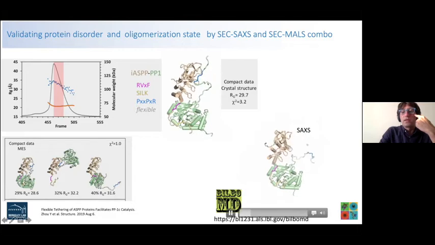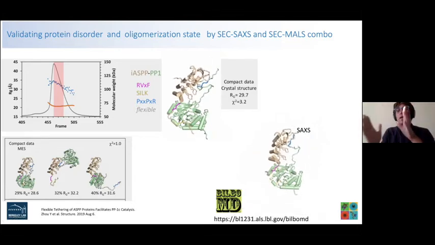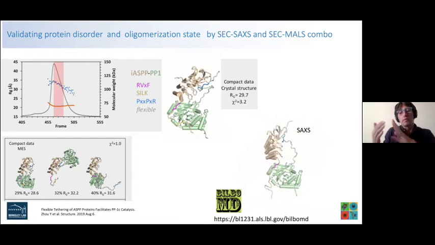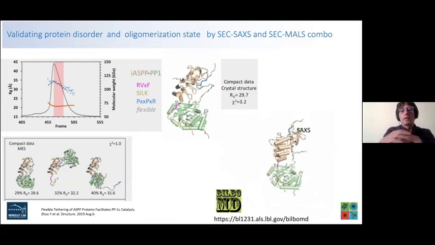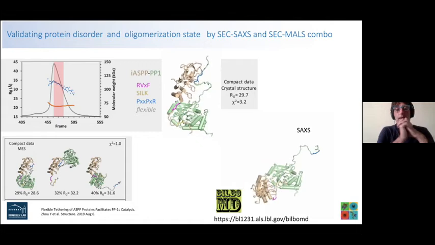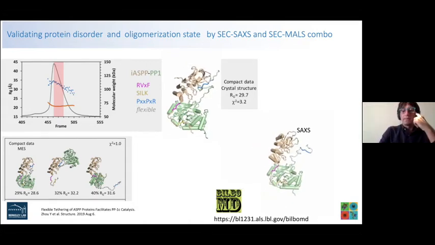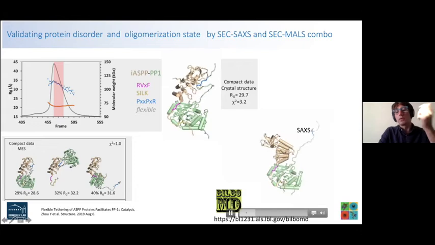Hopefully I said it right, but that allowed us to partially separate those intermediate states, because you have multiple interactions that can hold ASPP in place, or not in place, in a very dynamic state. And this modeling was done with BilboMD.